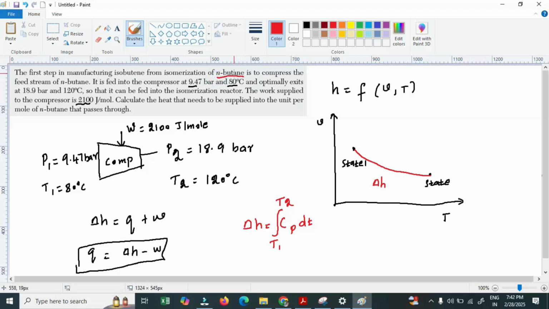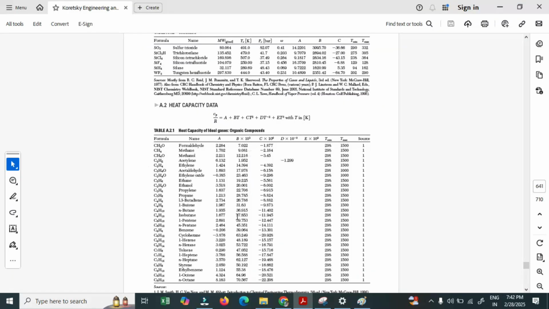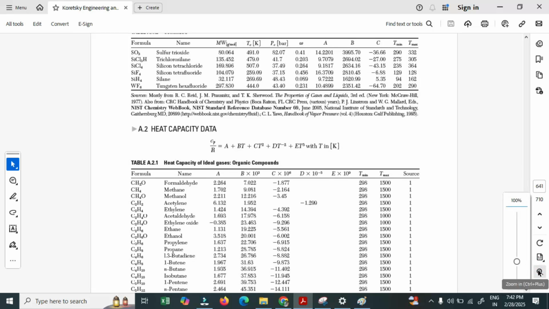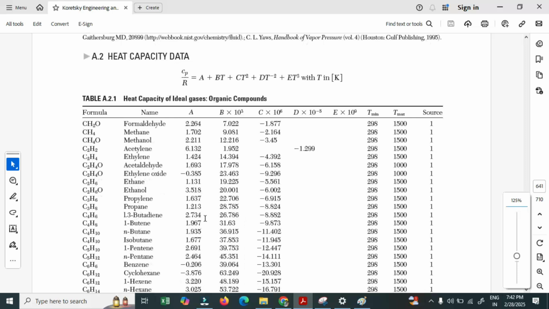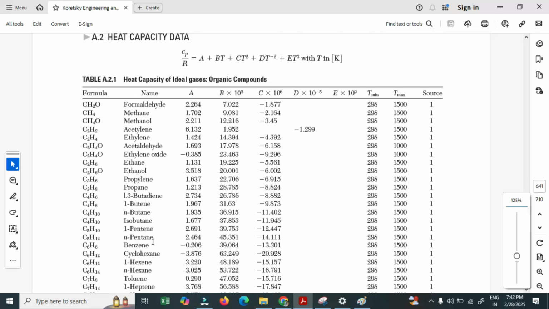No values for D and E are given. So let me write the Cp value here, which I took from Appendix A.2, as given data.